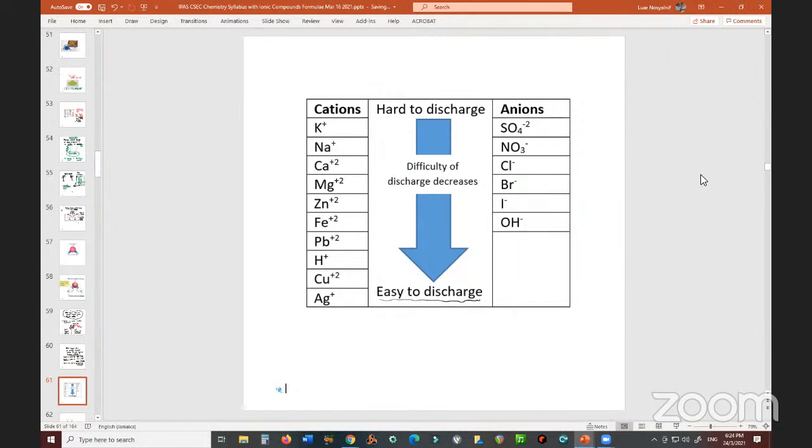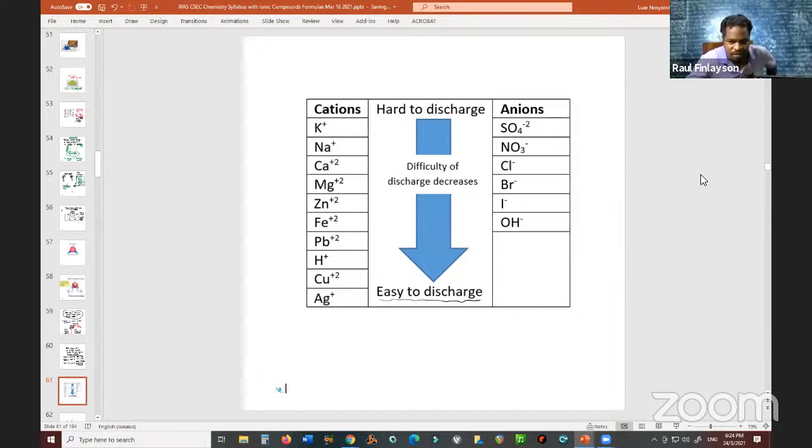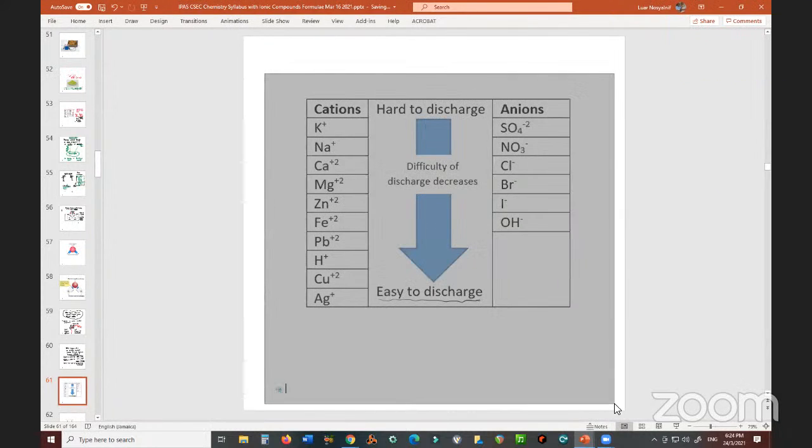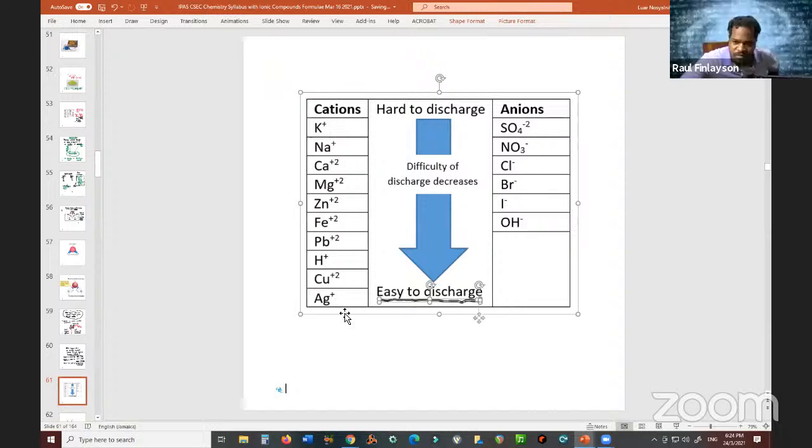Well, if you're going to say that, let's see if that's so. Anybody else agree with that? Will it be the hydroxide and hydrogen that will be discharged for aqueous sodium chloride? Yes, the ones at the bottom. Okay, we're getting confirmation.